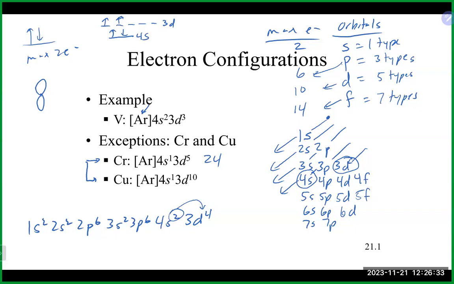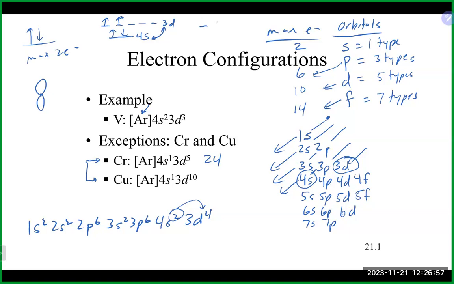As you may also remember, what happens when we start filling in electrons into the d orbitals in terms of the energy of those orbitals? They switch energy levels. So once you start filling electrons into the d orbital after the s orbital, there's actually a switch in the energy of those orbitals.